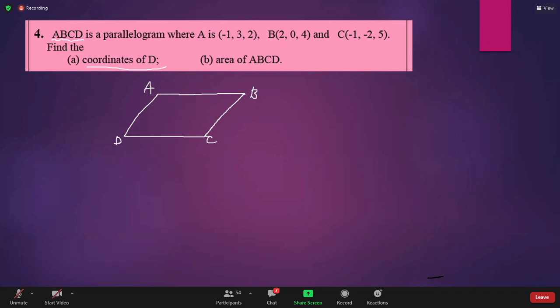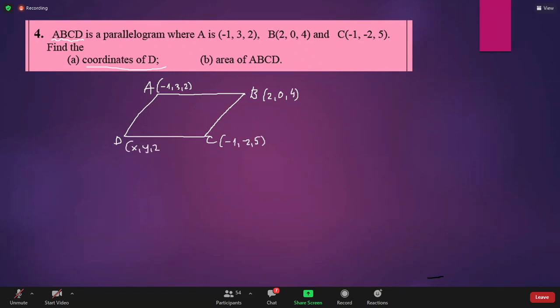A, then B, then C, then D, in the same direction. You cannot jump. And so let's see, A has coordinates -1, 3, 2, B 2, 0, 4, C -1, -2, 5, and then the coordinates, which we don't know, we could say X, Y, Z.